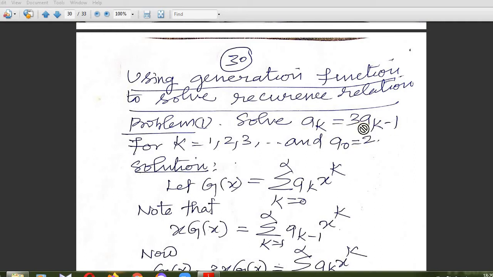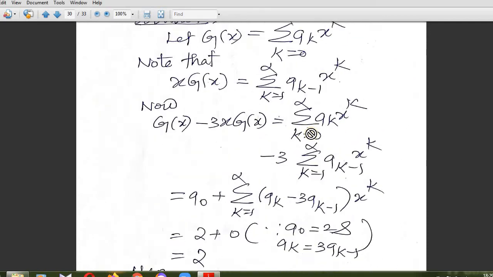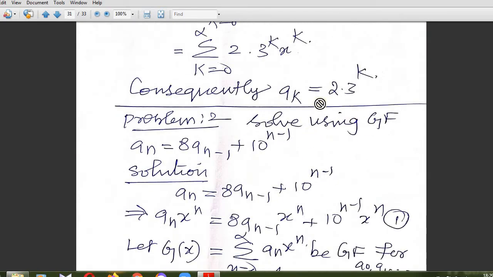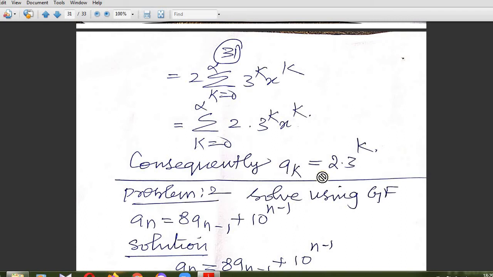Now we have to solve this. Already I was discussing what we mean by solving this recurrence relation. Solving means to find the sequence which satisfies this particular recurrence relation. Of course, I will show you: this is a_k equals 2 times 3 to the power k.